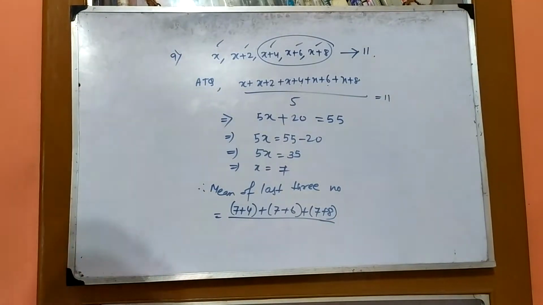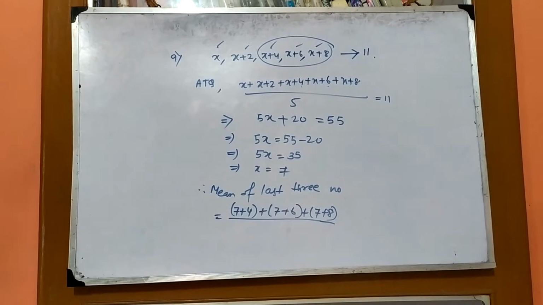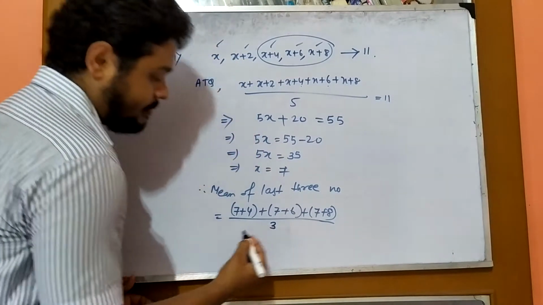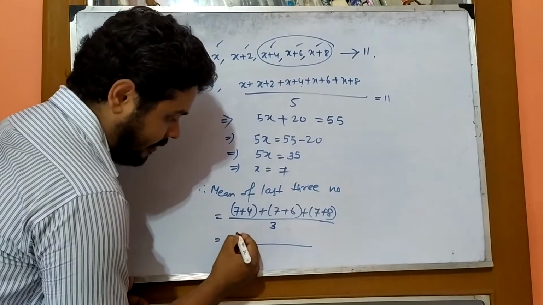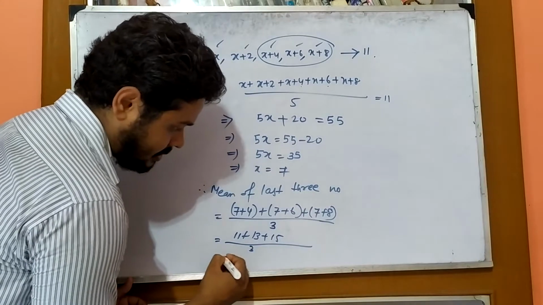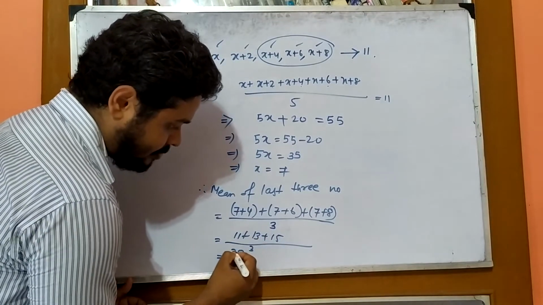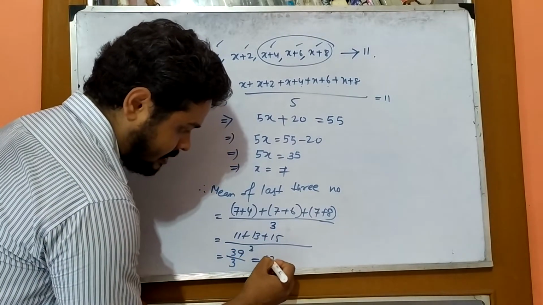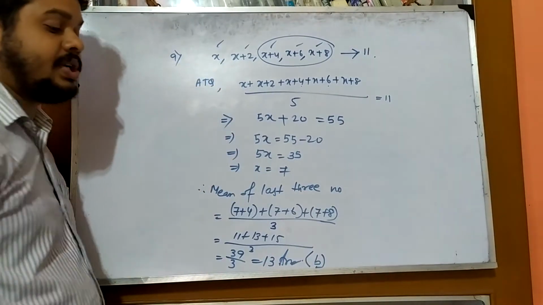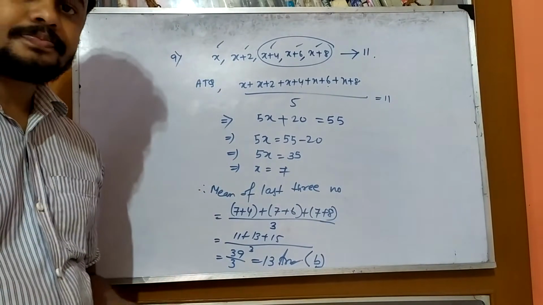Clear, everybody? The sum of these numbers. Now we have to find the mean, that means we have to divide this by 3. So 11 plus 13 plus 15 by 3, that is 39 by 3, that is 13, which is our answer, option B.